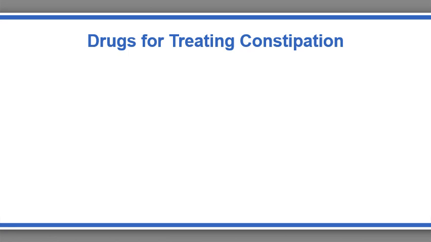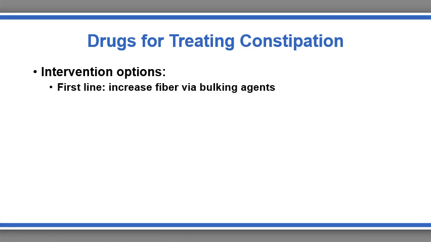So, drugs for treating constipation. When you look at the intervention options, there are various things here. Again, there's a lot of different things that can be the culprit when you look at constipation. So the first thing you want to ask is, number one, just increasing dietary fiber, without even looking at bulking agents or other types of fibers.